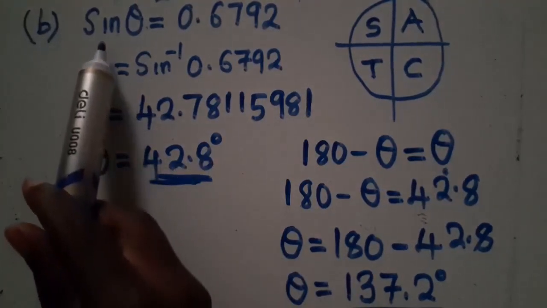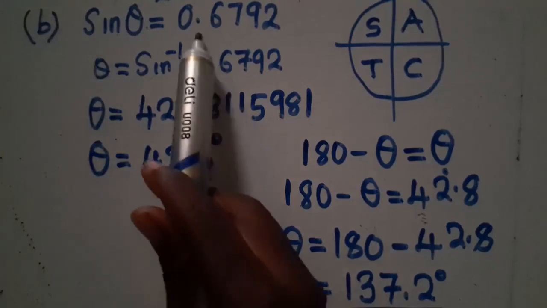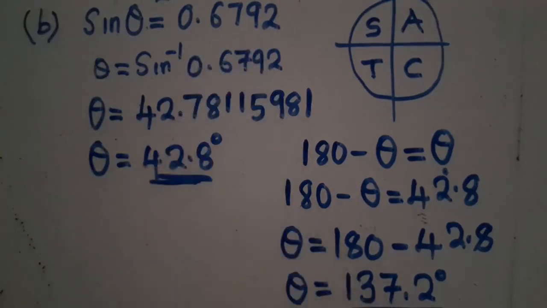So let's type sine 42.8. Get your calculator. This is away from what we are doing. You don't need to show this in an exam. I just want to show you that the things we are doing are provable.